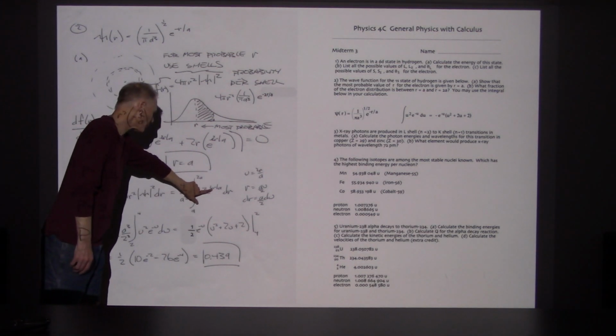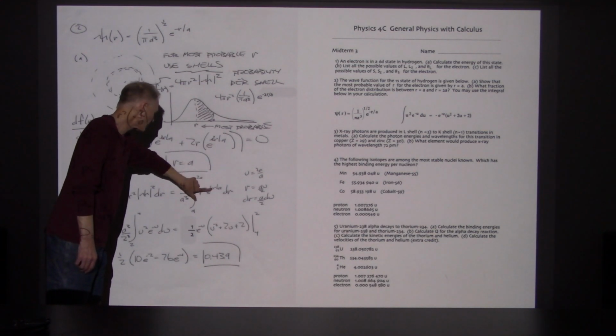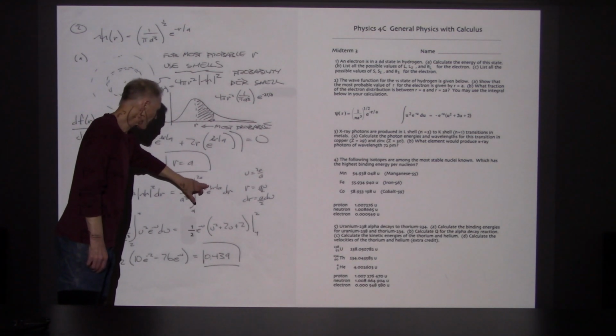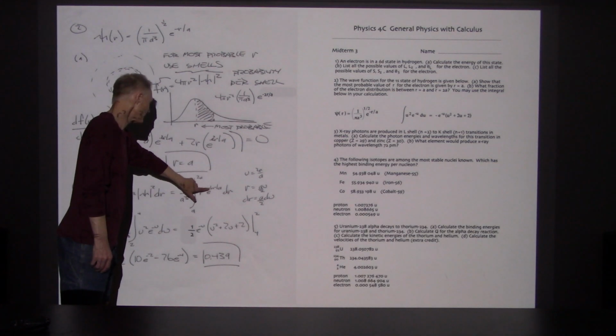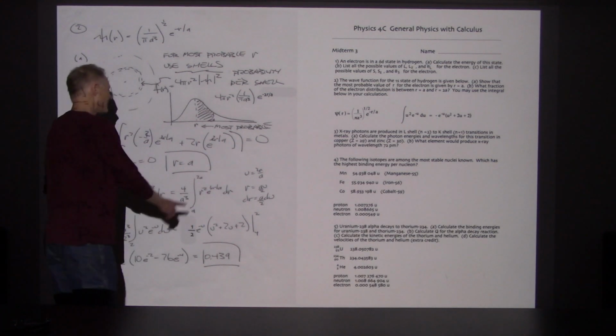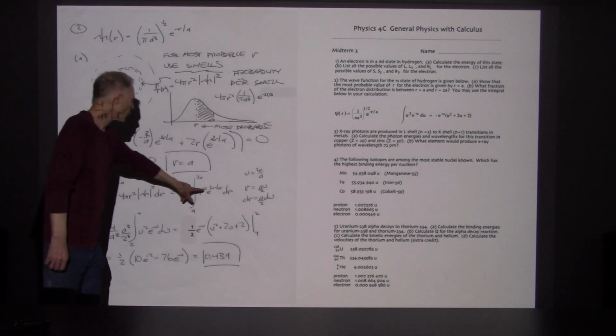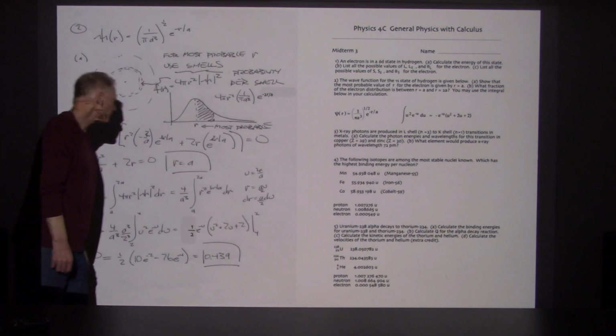Tell me that's a 2. It looks like a 3. Oh my gosh, it's a 2, right? Because we squared it, so it's the same as the 2 here. So r squared, e to the minus, oh, there's a minus sign here too. Minus 2, oh, I see. That's the minus sign down below, and I squeezed the 2 in. So minus 2r over a dr.